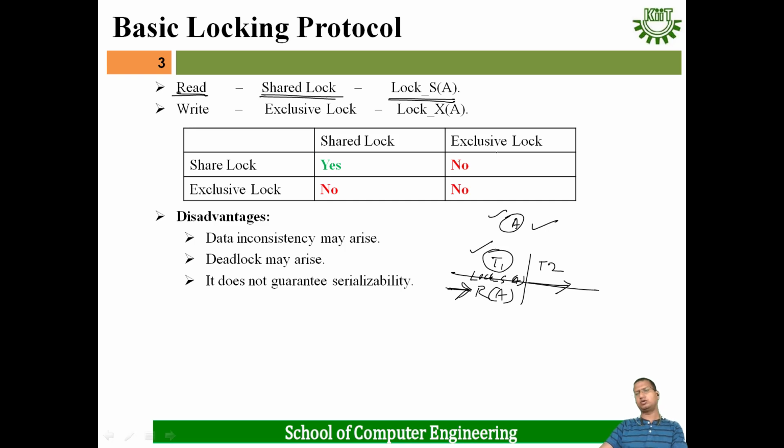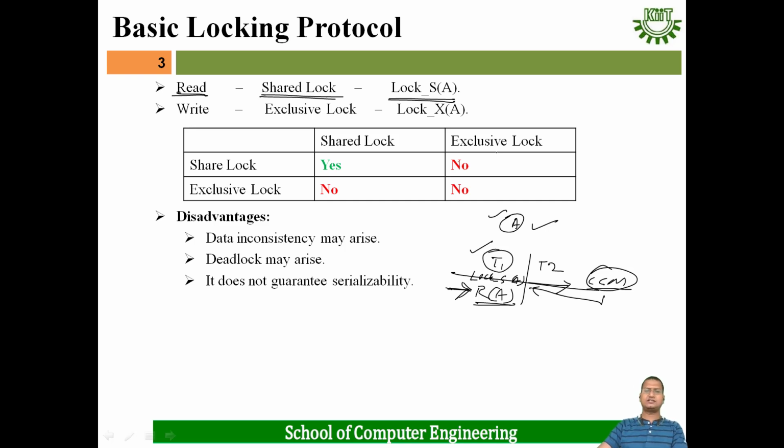This request will go to the concurrency control manager, already discussed in the last class. If no lock is applied on A, then the concurrency control manager will grant that lock. Then T1 can read A. But whenever a read lock or shared lock is applied, transaction T1 can read that data item but cannot write it.